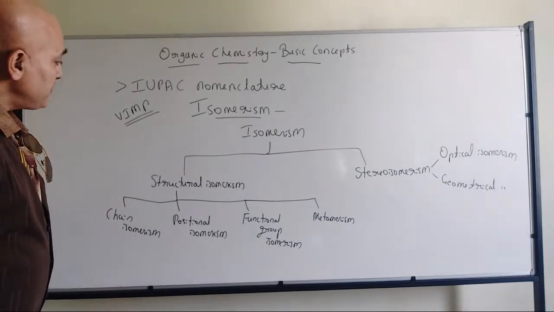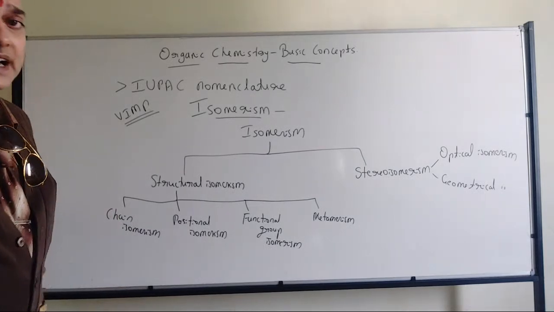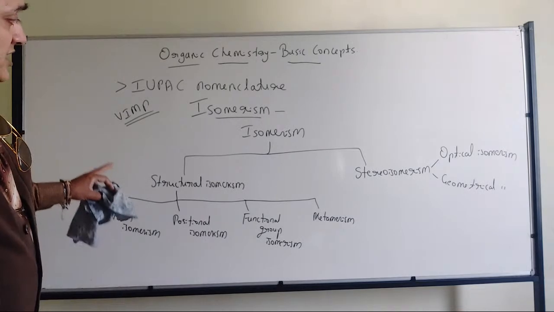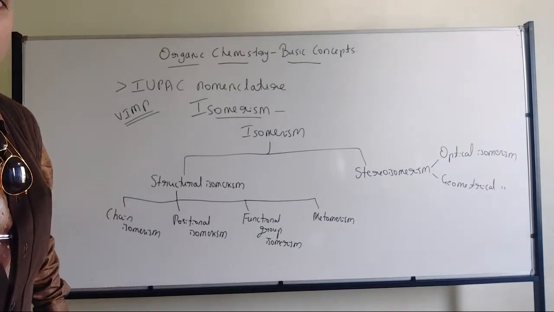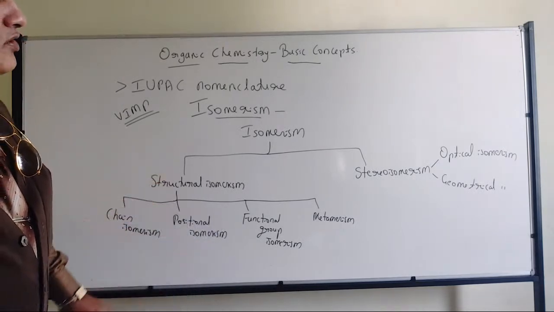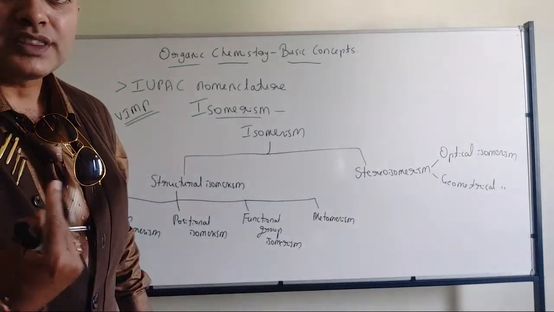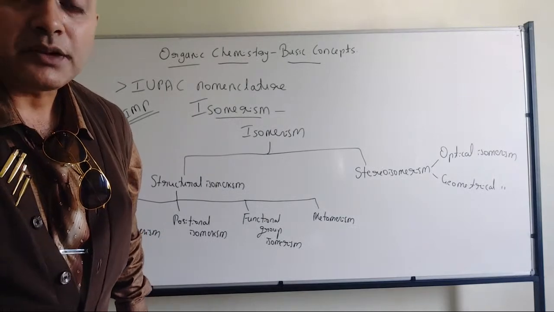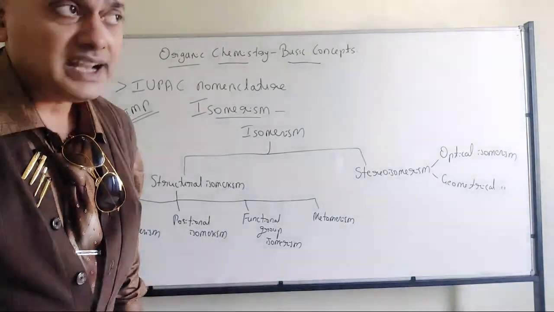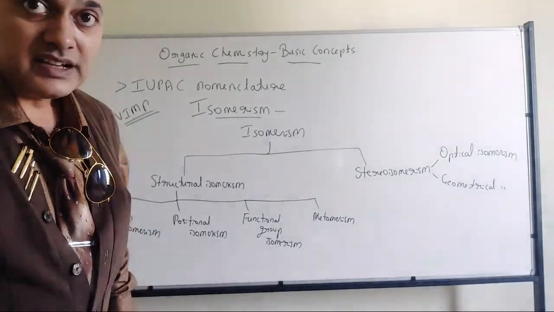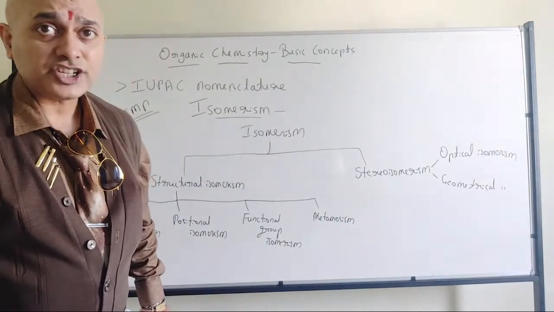Isomerism is structural isomerism and stereoisomerism. Structural isomerism is with respect to structure, but stereoisomerism is with respect to the arrangement of elements around the carbon, because carbon is tetravalent in nature, so it has a tetrahedral structure.